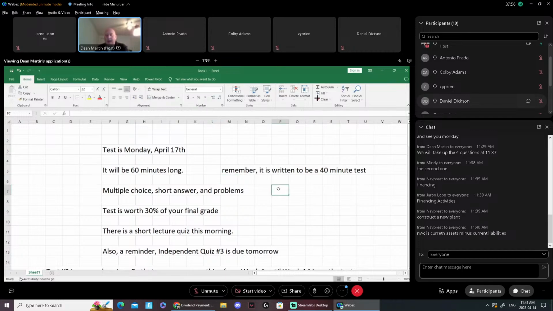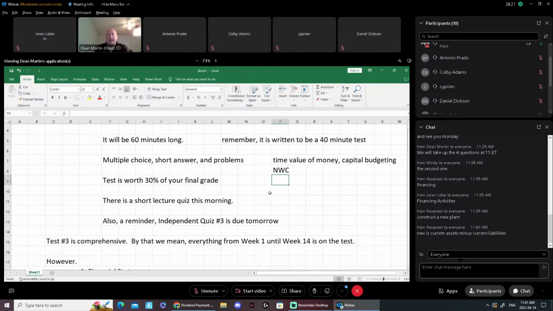Remember, the problems are time value of money, capital budgeting, and what's the last topic that I promised you all semester long? Does anyone remember? There'll be a problem on that probably. Net working capital.